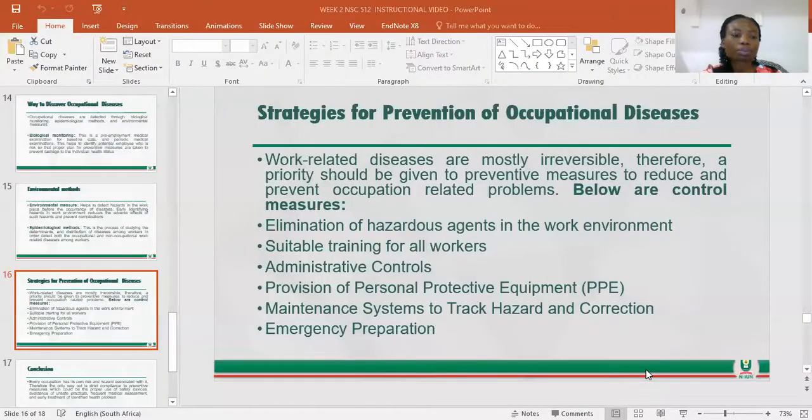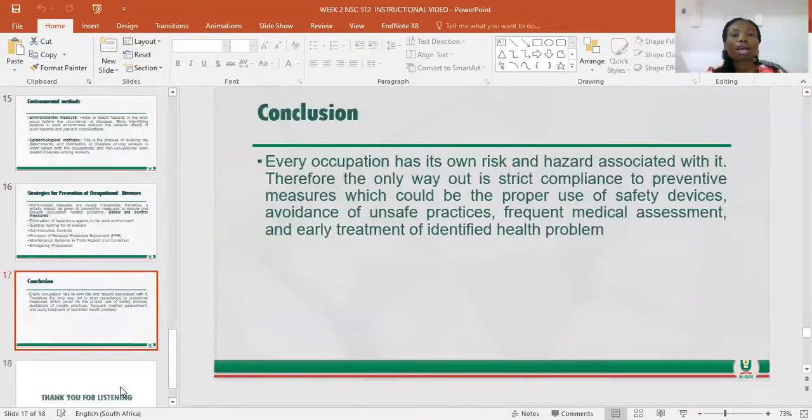So as you're typing your answers to the quiz, in conclusion for this class, we see that every occupation has its own risk and hazard associated with it.